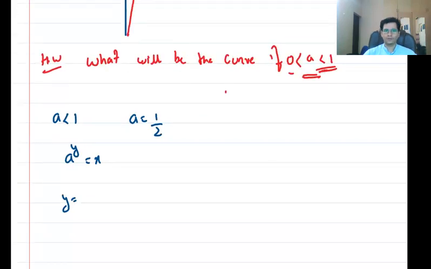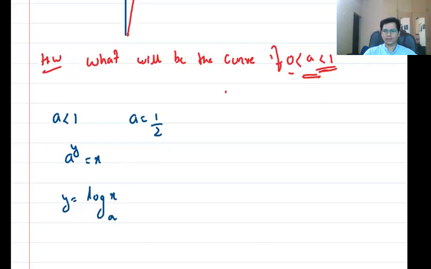I don't know what happened. Okay, I don't know what was that. Yeah. So y is equal to what? Tell me. Y is equal to log x base a. That is the basic thing.